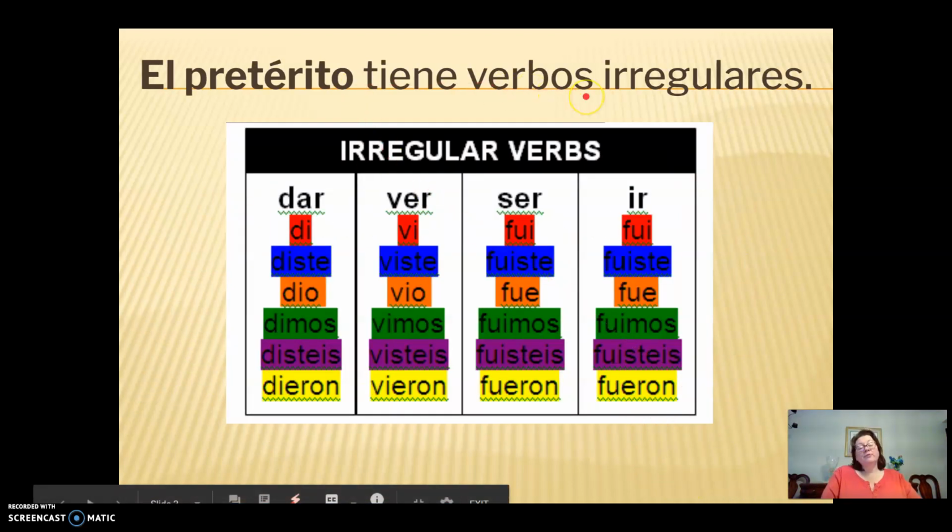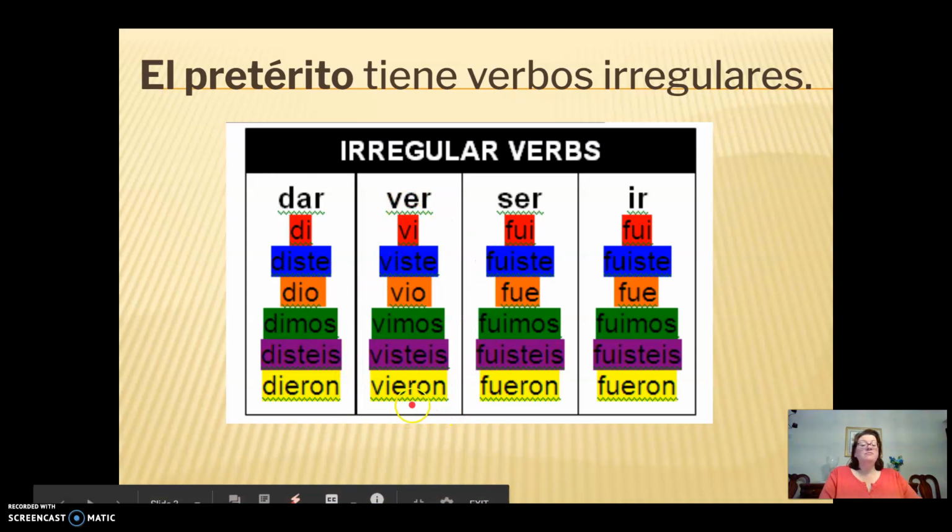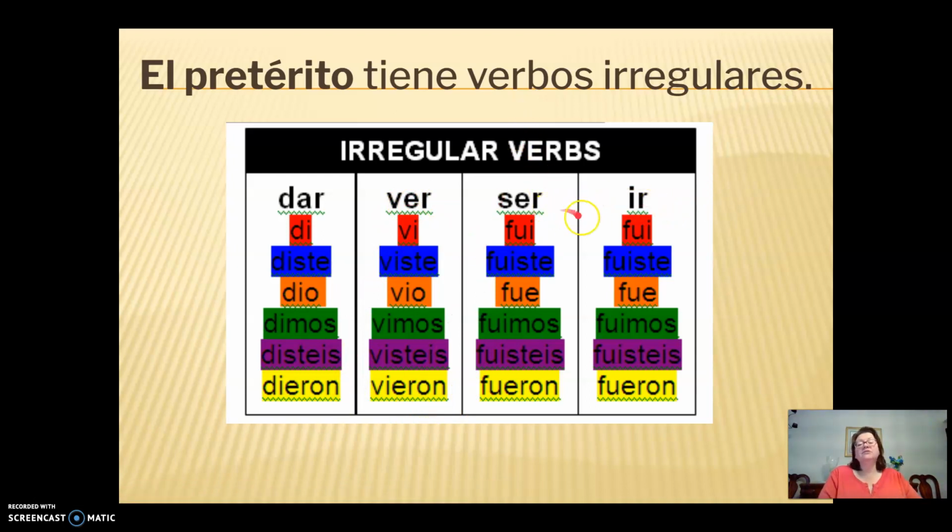There also are some irregular verbs. Dar and ver are actually very similar. You can see how similar they are. Di, diste, dio, dimos, disteis, dieron. Ver is basically the same with a V instead. Ser and ir are actually identical. Fui, fuiste, fue, fuimos, fuisteis, fueron.